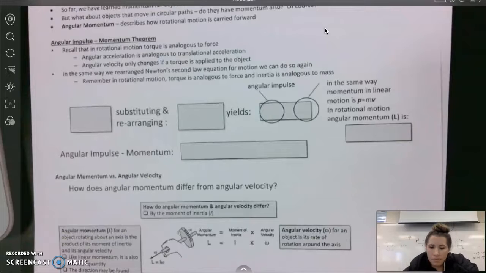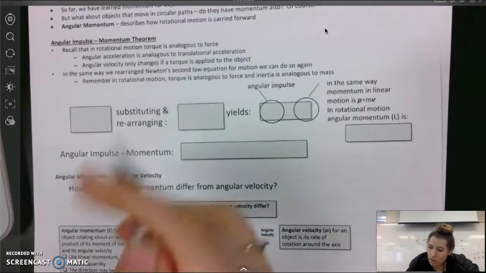Okay, inertia is a property of matter, right? And so more mass, more inertia. And we're going to work through this process and see a similar connection between force, remember when we did the linear component, between force and momentum, and then torque and angular momentum.